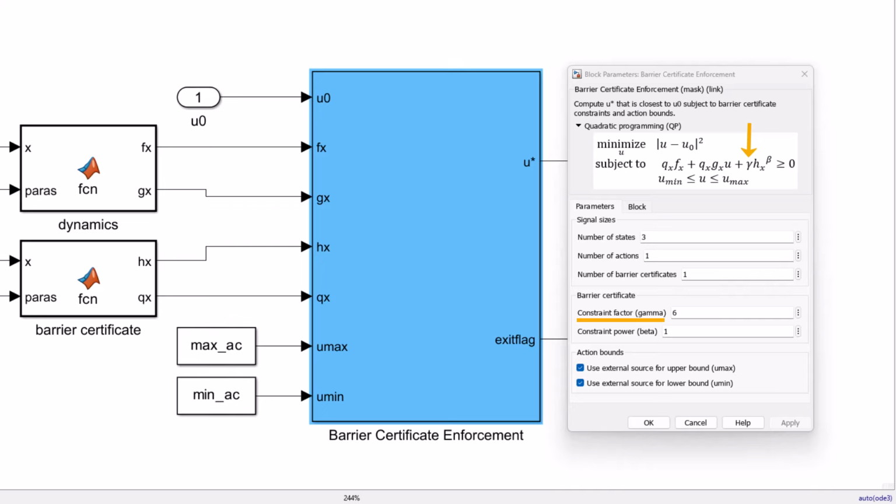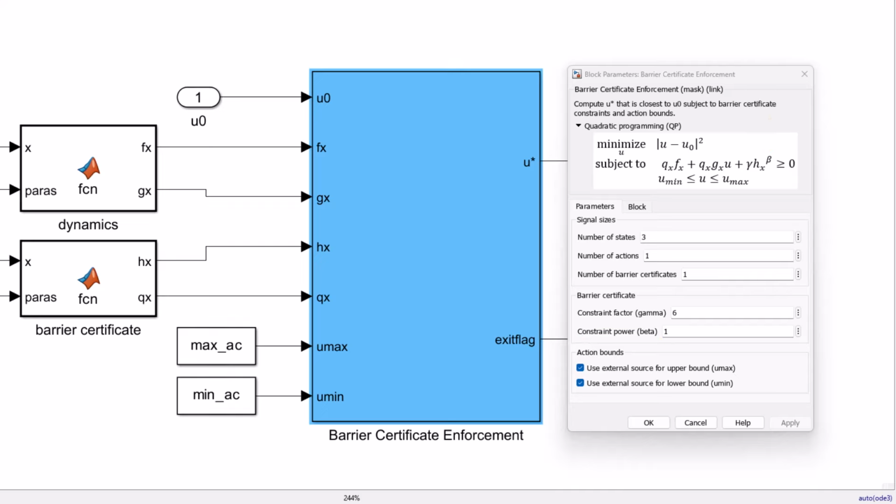So a higher factor means more aggressive the enforcement as the system states get closer to the boundary, and a smaller factor means a slower, much smoother response. Here we'll use a factor of 6. The constraint factor beta here by default is 1 and it works for most cases. You can use this factor to further fine-tune the control barrier function response in the vicinity of the boundary.